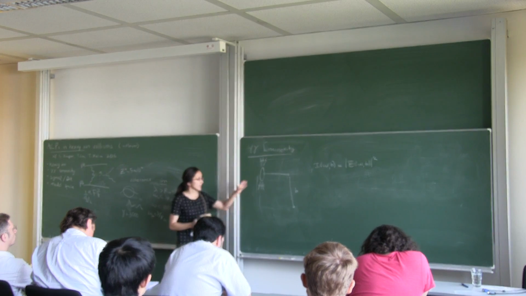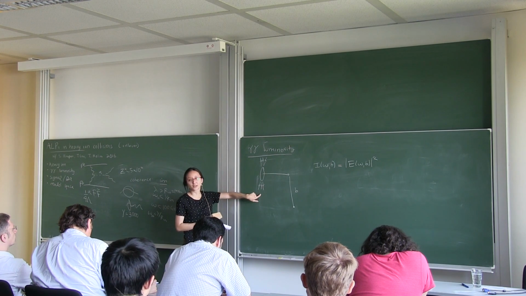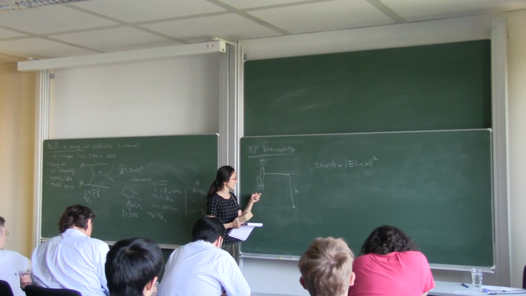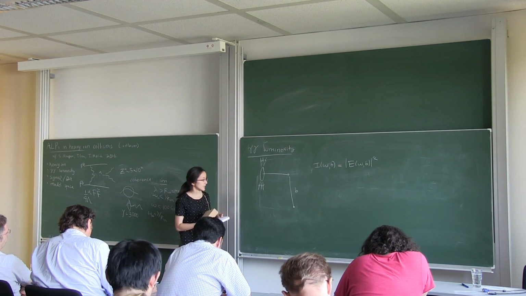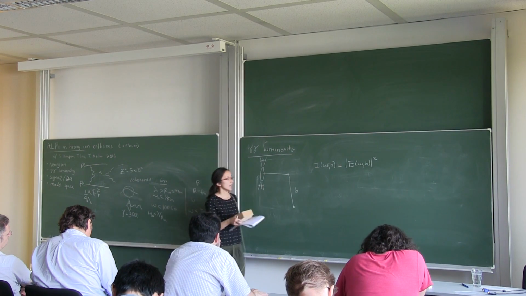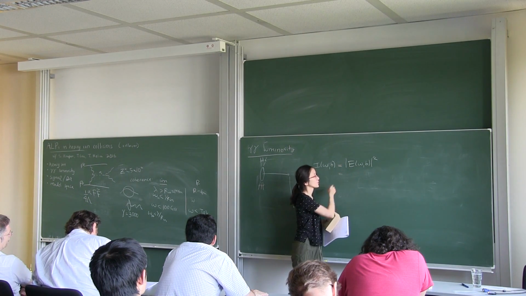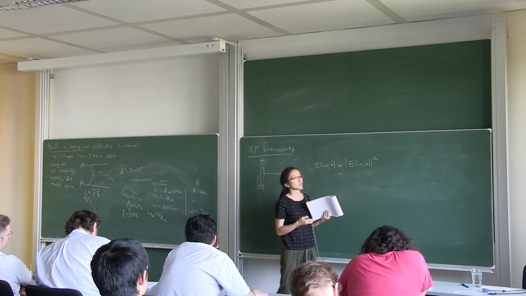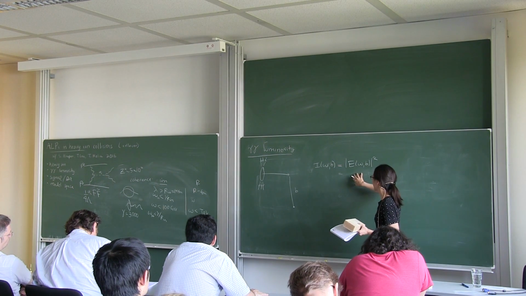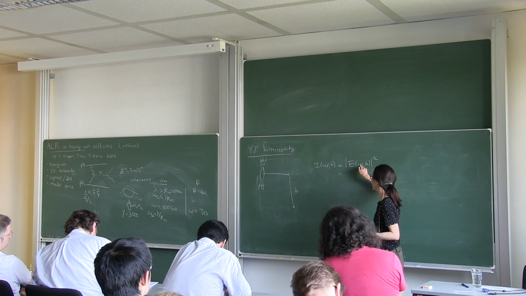In the limit that this is moving ultra-relativistically, this pulse just looks like a delta function in time, right? So at t equals 0, I just see a delta function in this field. And for a delta function, the Fourier transform is just a constant. So what I get is that the energy density is just independent of the energy of the photon.